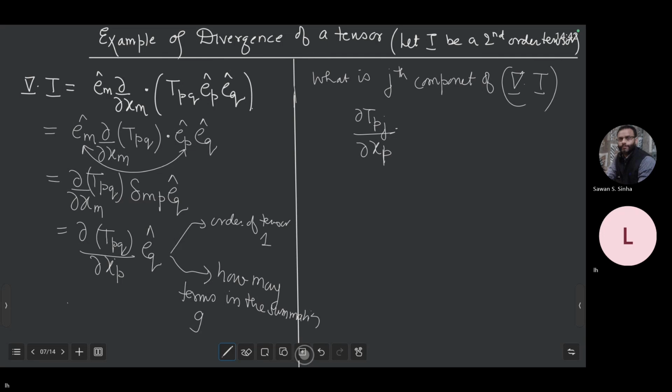Right? Everybody with me? How I got the jth component? I extracted the coefficient of EJ, and EJ was not there. I implemented what I explained earlier in the morning. How many terms inside this? 3. Sum of 3 terms. And there is no unit vector in that sum. That is just this.